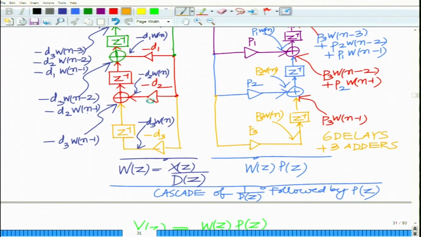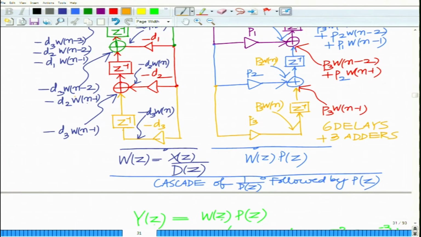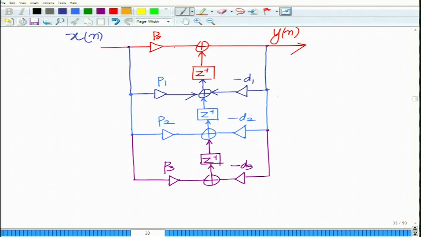But if you look at the direct form 2 transpose, that has only 3 delays plus it has only 4 adders.